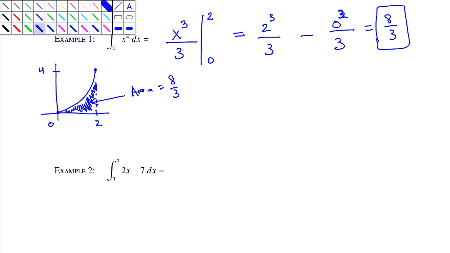The integrand is 2x minus 7. This is what the graph is, that's right.